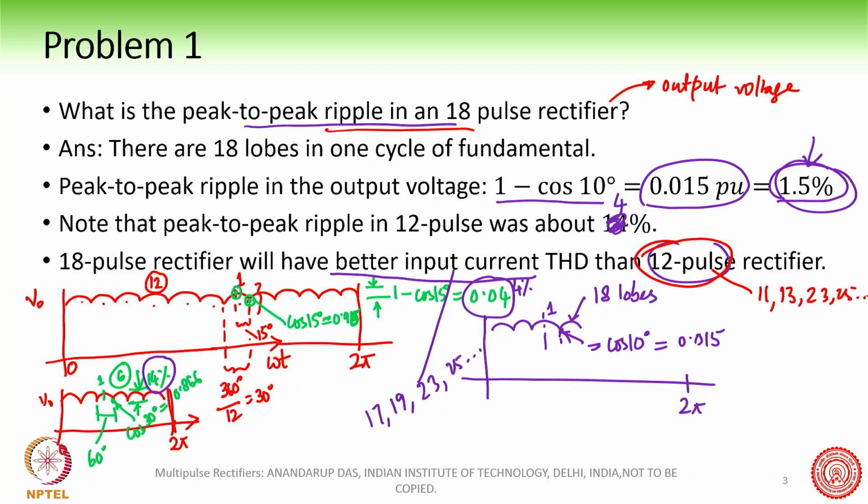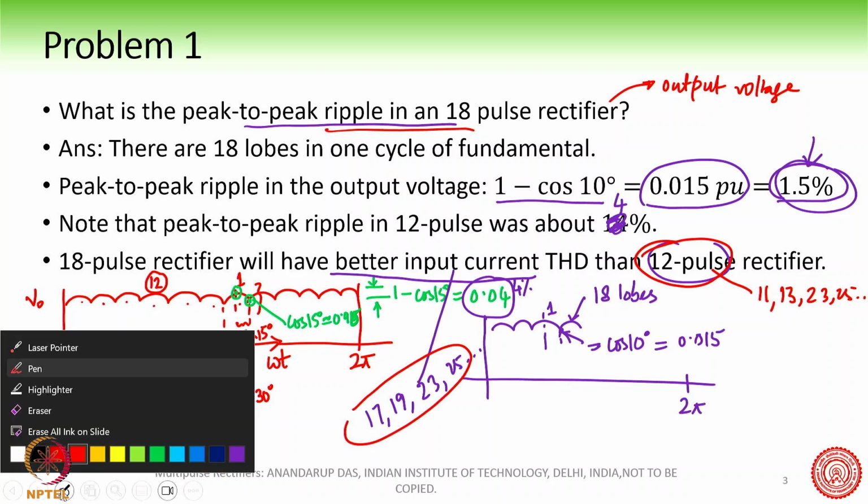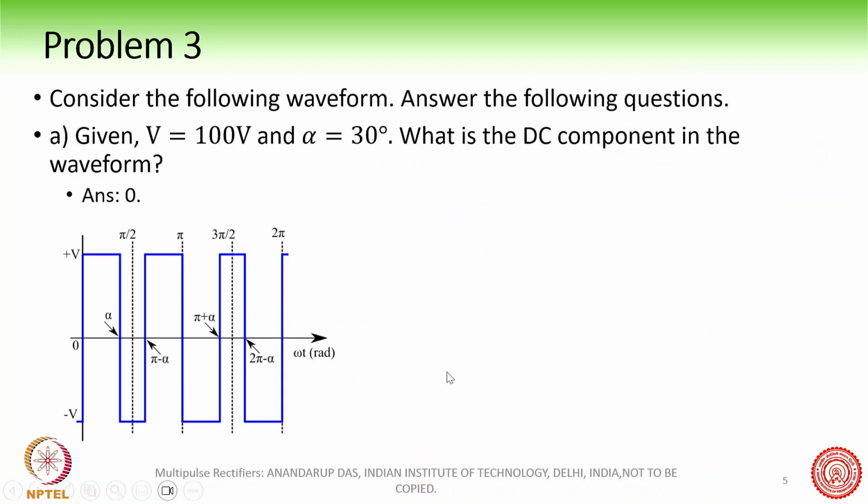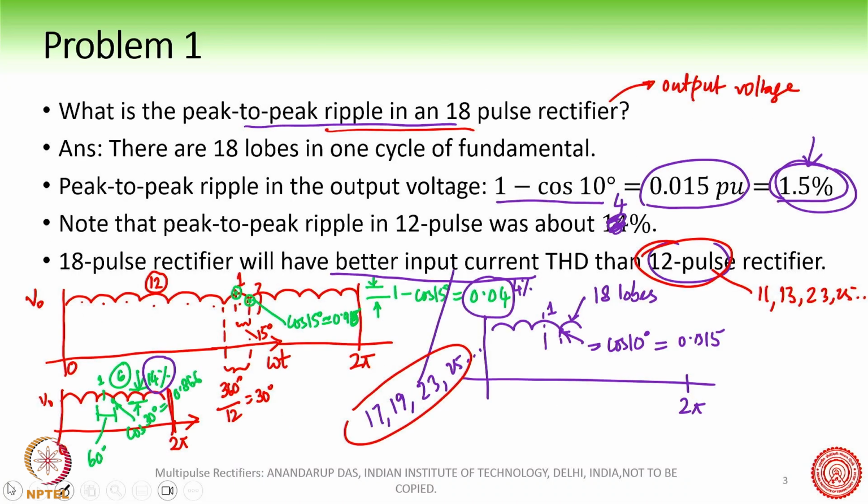Whereas in an 18 pulse, it will be like this. No, not like this. So wait. So it will be like this. 17, 19, 35, 37.